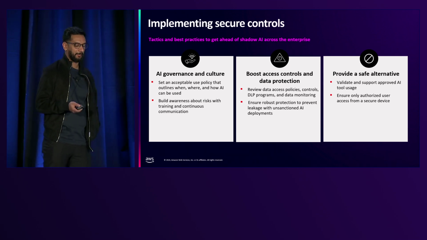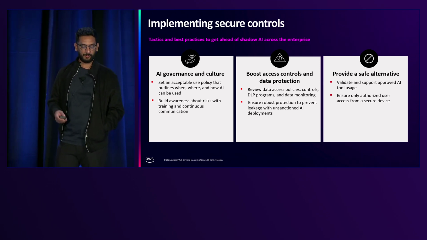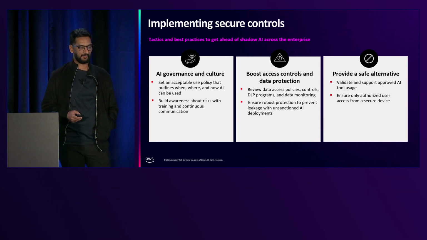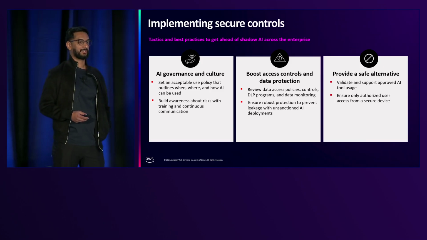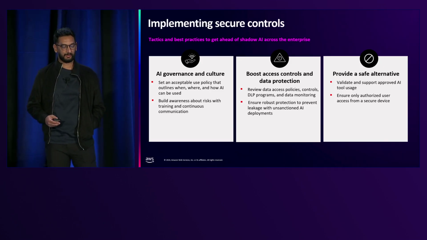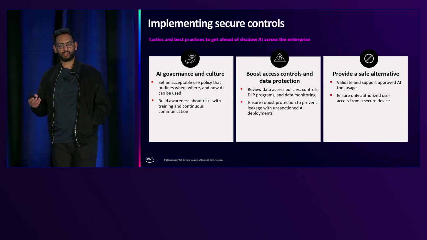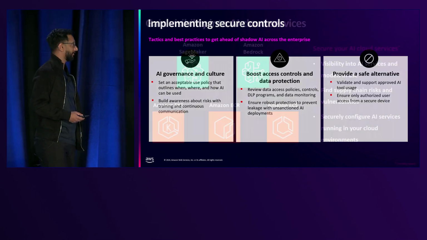How do you ensure DLP is monitoring for these capabilities? And ensure that there's robust protection in terms of any leakage associated with data itself. And if there is no route that is secure, provide a safe alternative. Vet out other AI platforms and tools, and ensure only authorized users have access from, of course, a secure device.